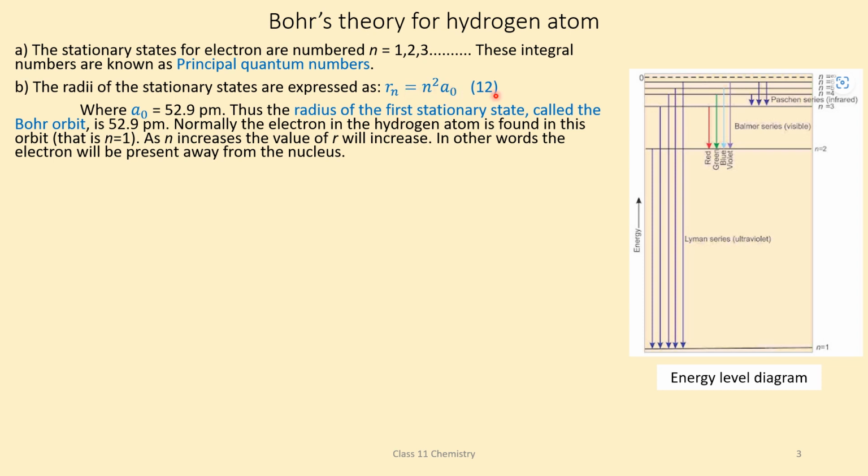Let it be equation 12. Here the value of a naught equals 52.9 picometers.